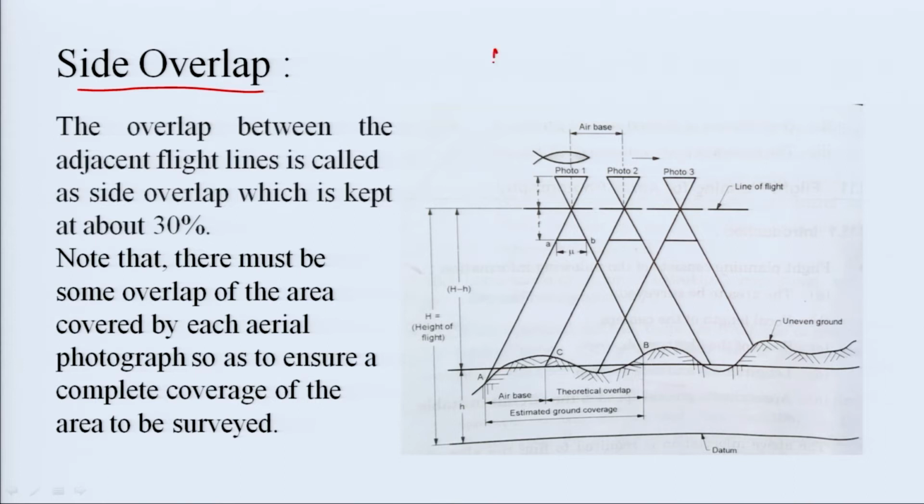For example, if we are covering an area of length L and width B, first of all we have to perform overlapping in the direction of flight. This type of overlapping is longitudinal overlapping.